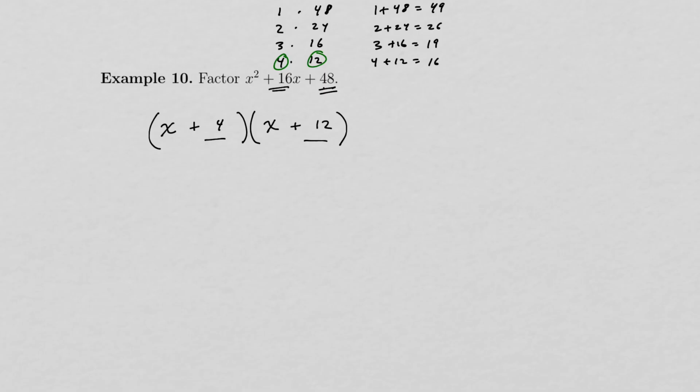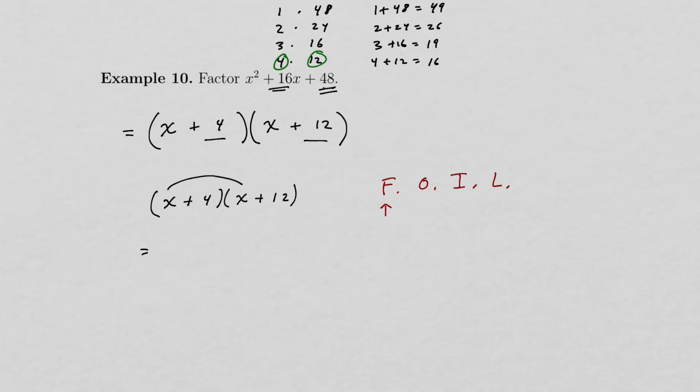So this should be the correct factorization, x plus 4 times x plus 12, right? We factored that expression. To check it, I can multiply it back out. Right? I can expand this back out, and that's what we typically call FOIL. So how do I expand it back out? Well, I multiply the first terms. Let me remind you of the acronym FOIL.